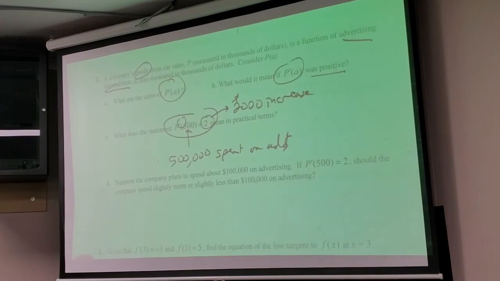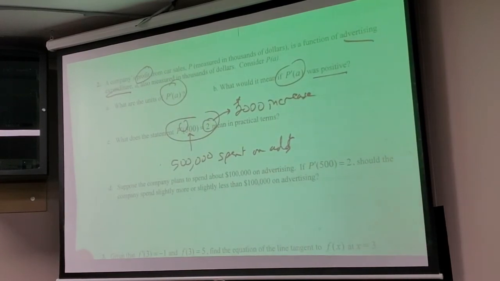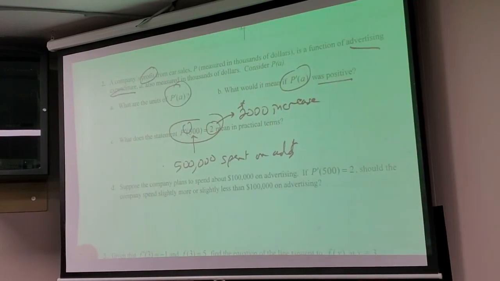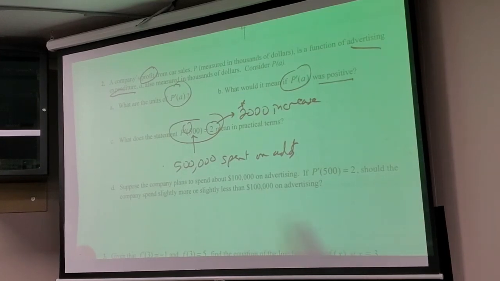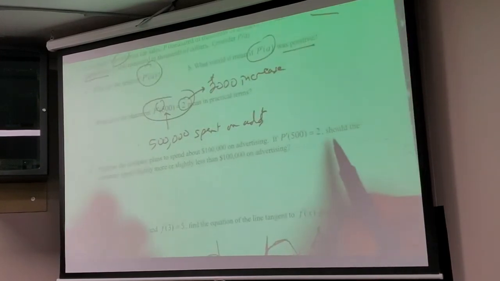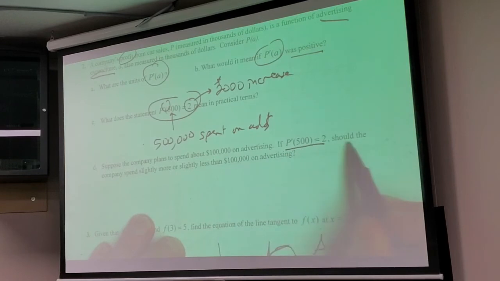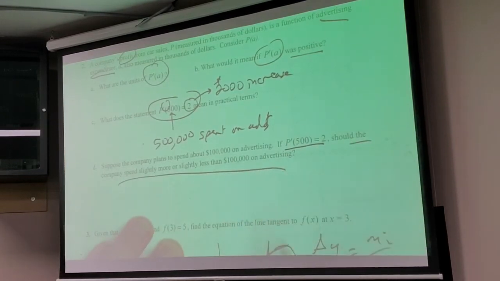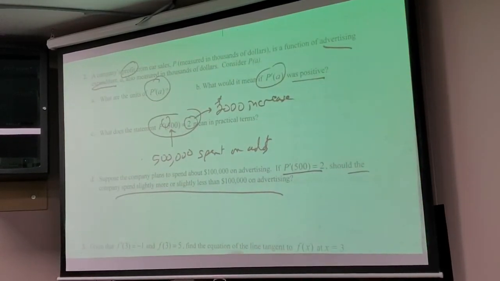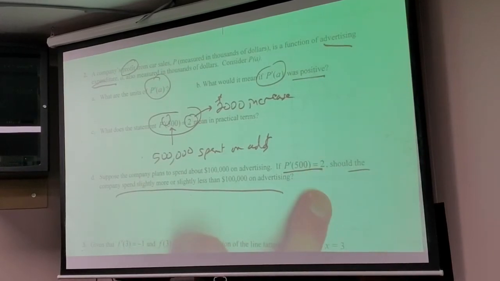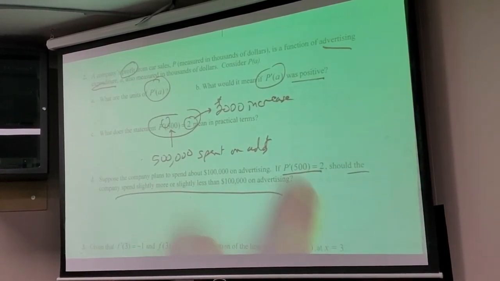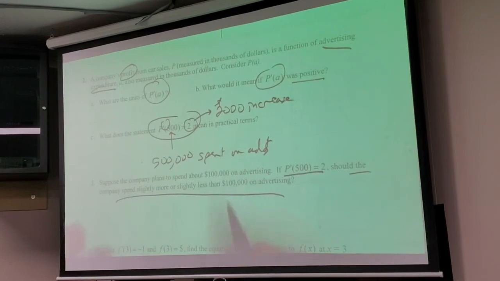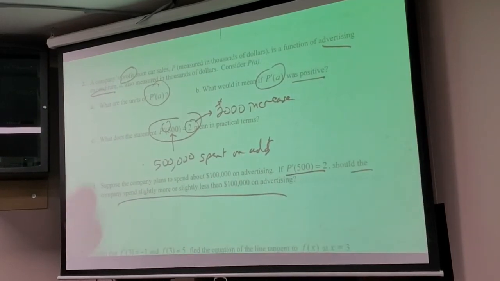Okay. Let me think. I can't remember which one this is more in. Of course, that's basically what I just said. If this is true, should they spend slightly more or slightly less? They should spend slightly more. I don't know why I said 100,000. I think I changed the numbers at some point. All right, anyway.